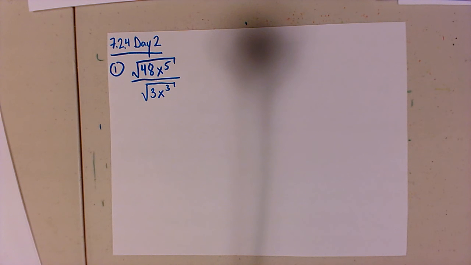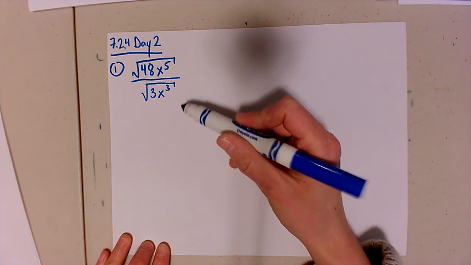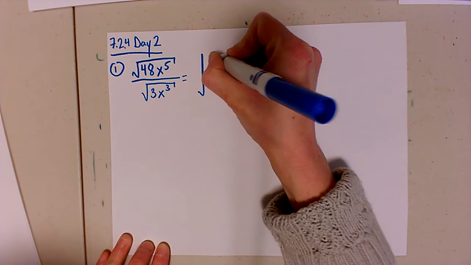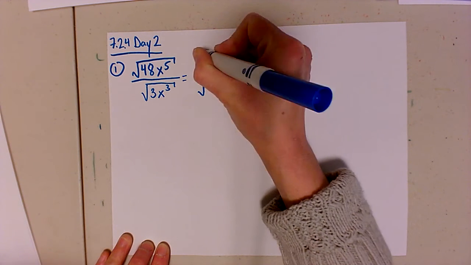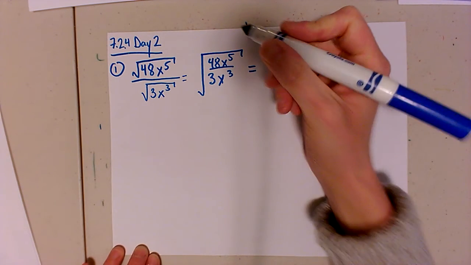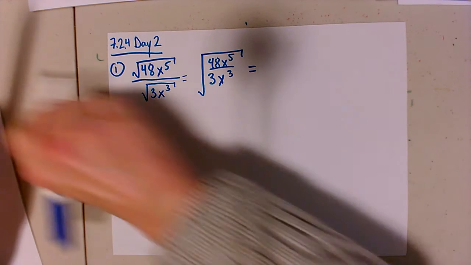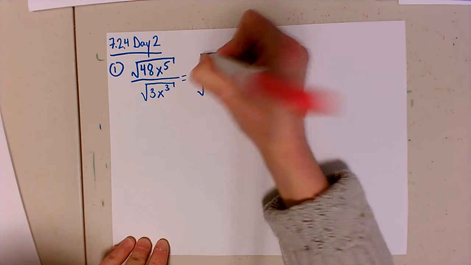So we've got the square root of 48x to the 5th over root 3x cubed. So this is something that we could combine under one radical, one fraction under one radical, and simplify it like that. So the 3 cancels, the 48 turns into 16.